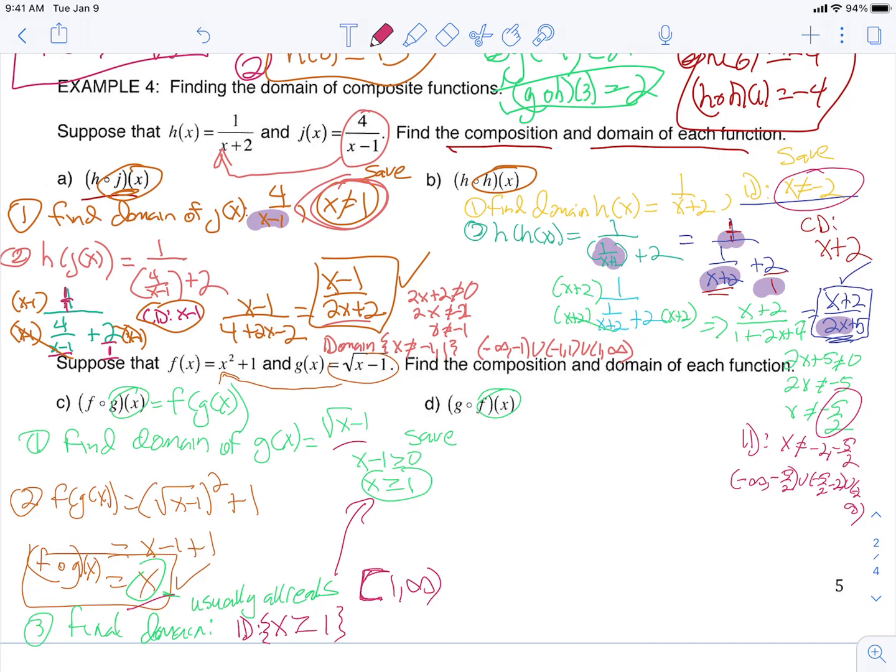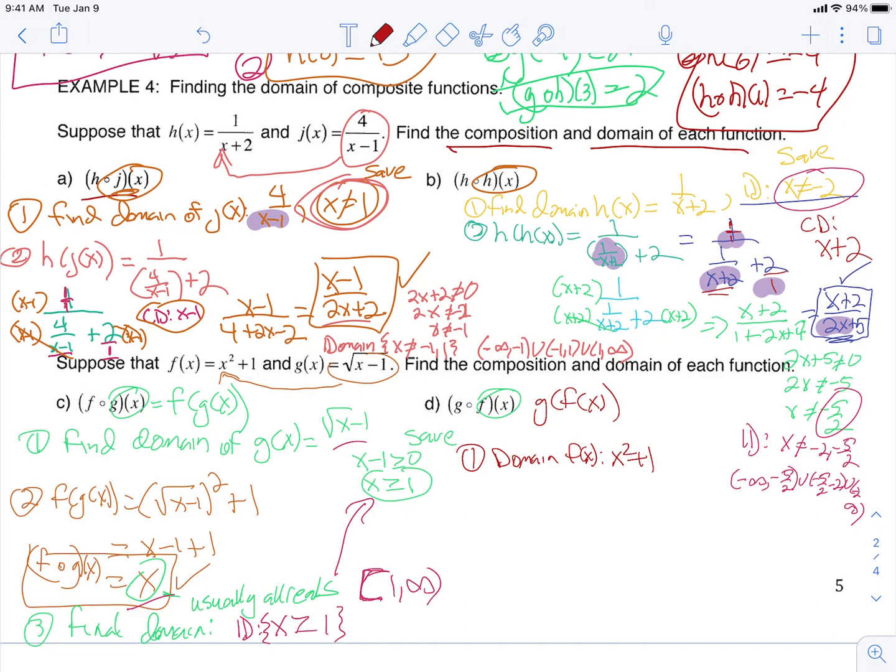All right. Let's try this again. g of f of x. So g of f of x. All right, so first, domain of f of x. Well, f of x is x squared plus 1.